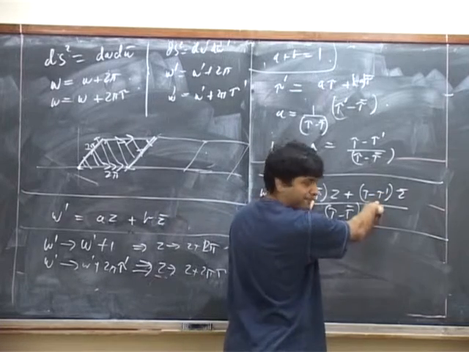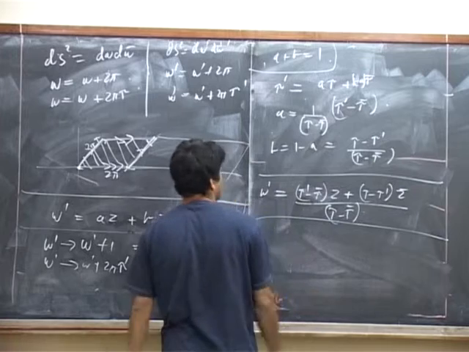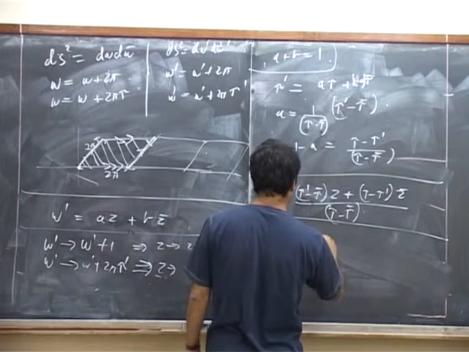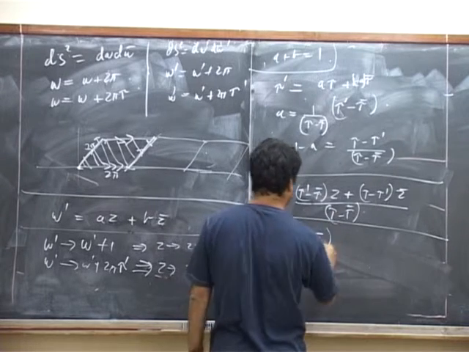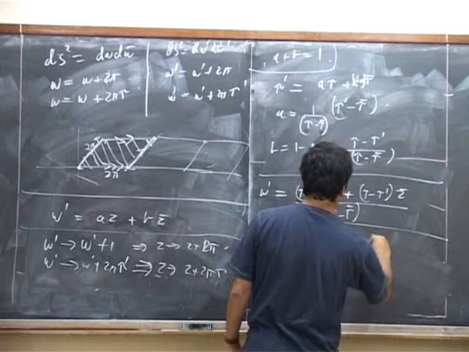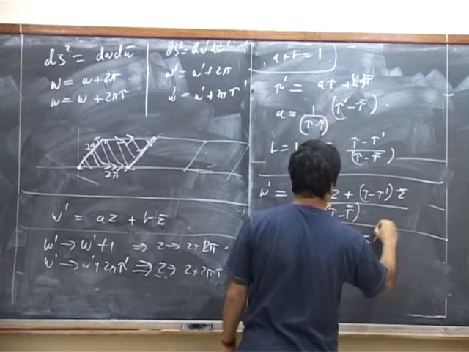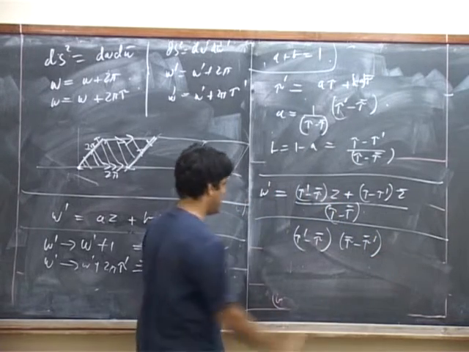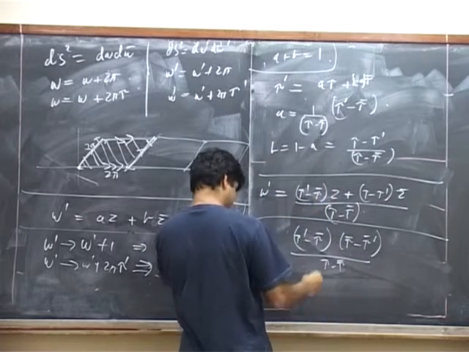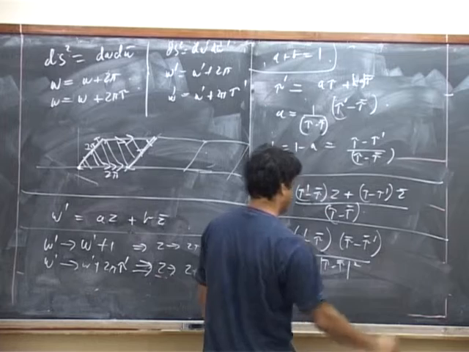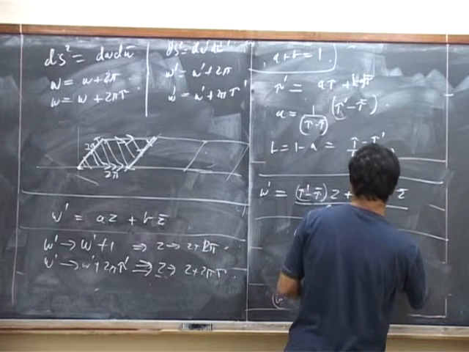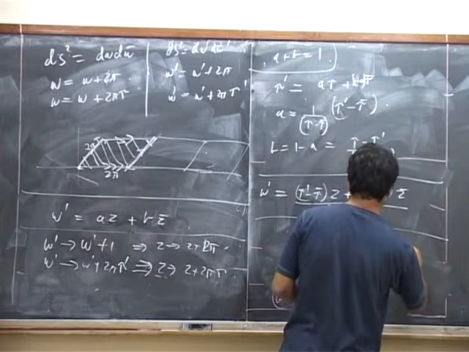That would give us tau prime minus tau bar over tau bar minus tau prime bar over tau minus tau bar, mod squared, times dz squared.